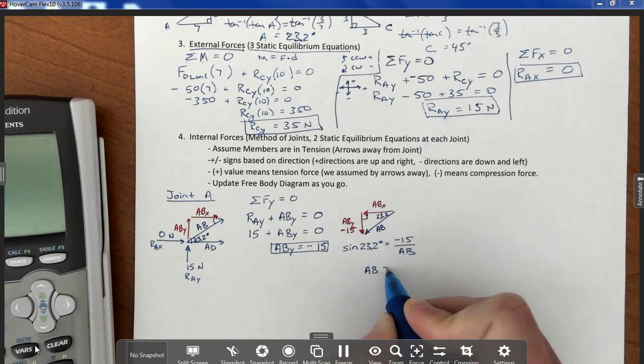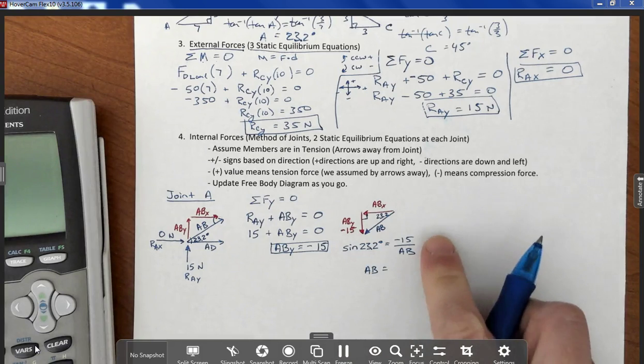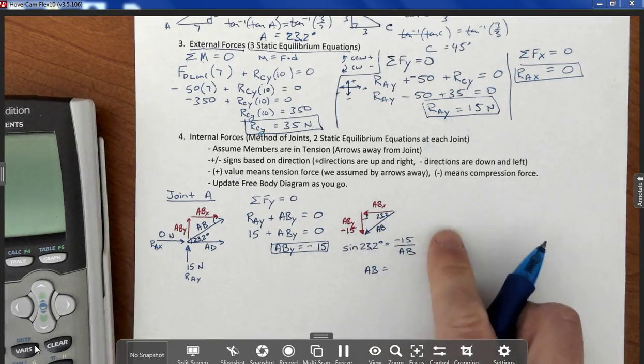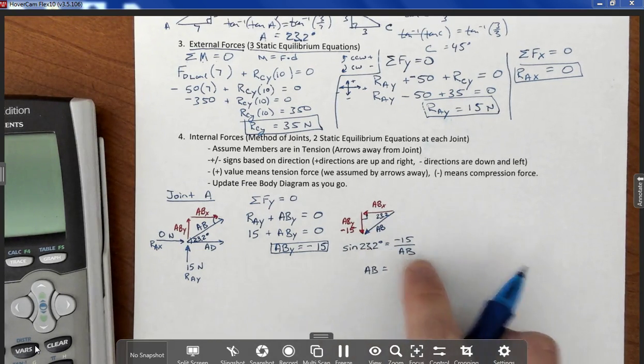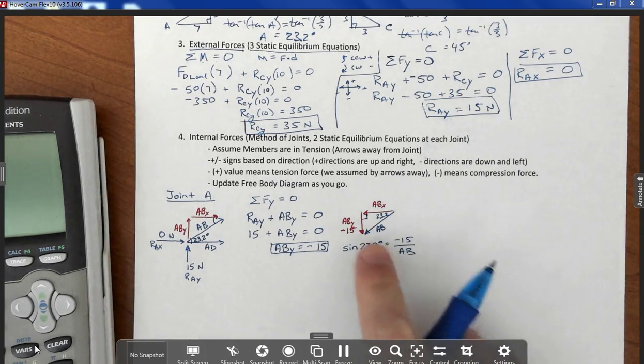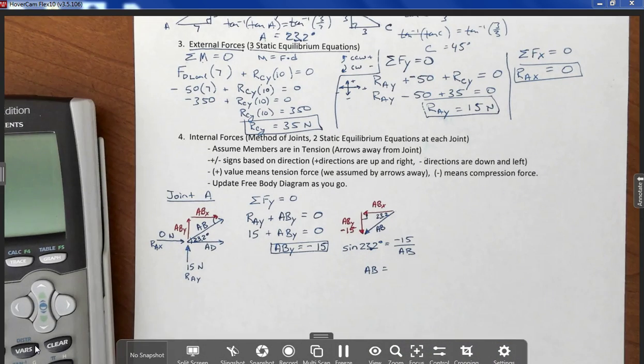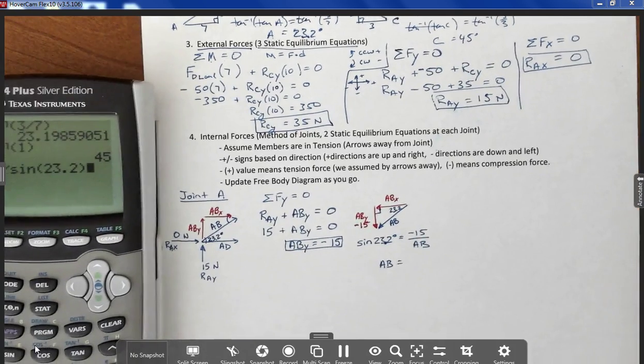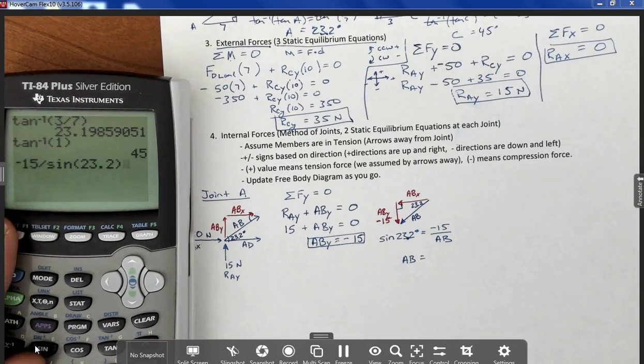And then I'm going to solve that. I'm going to skip some of those algebraic steps, but you know, I'd multiply both sides by AB to get the AB out of the denominator. I would divide both sides by the sine of 23.2 to get the AB alone. So in the end, I end up with negative 15 divided by the sine of 23.2. You can see I'm typing on my calculator here.